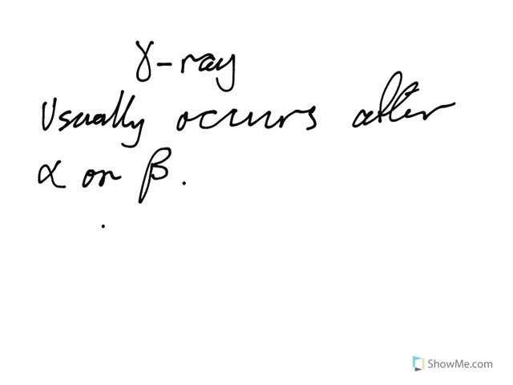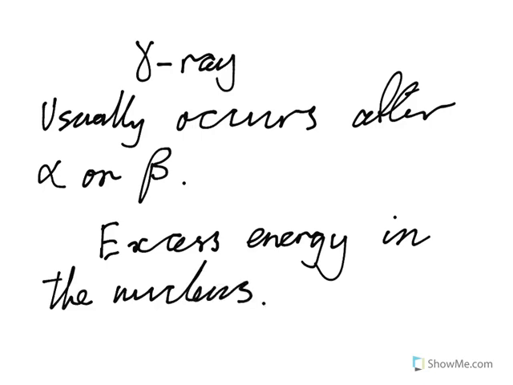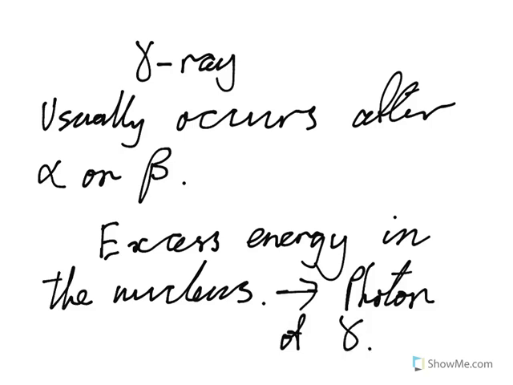What happens is that there's excess energy in the nucleus, and that excess energy is given off as a photon of gamma, an electromagnetic wave.